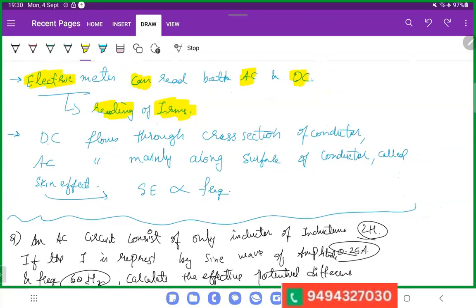Okay, so a DC source flows across the section of the conductor, but AC flows along the surface of the conductor. That is the reason it depends upon frequency.